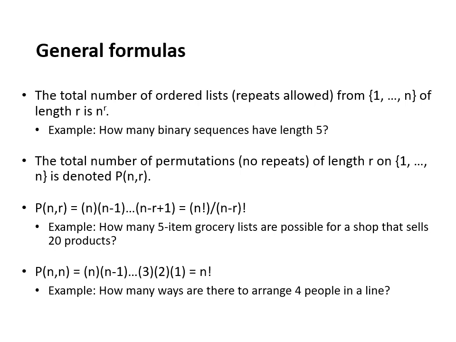Okay, so next we will look into general formulas for counting different types of structures. First we'll look at permutations. The total number of ordered lists where repeats are allowed, of length r drawn from a set of n elements, is n to the power of r.